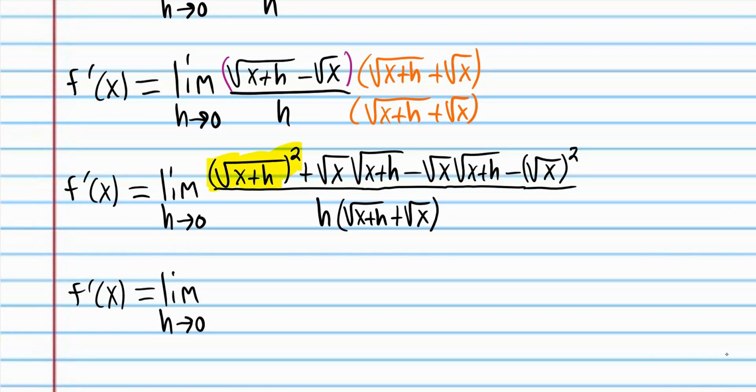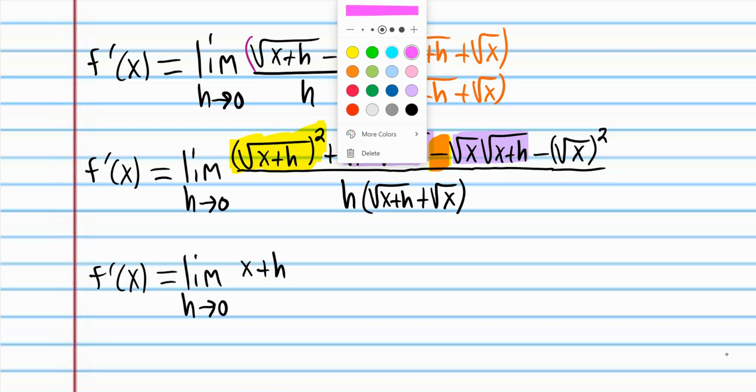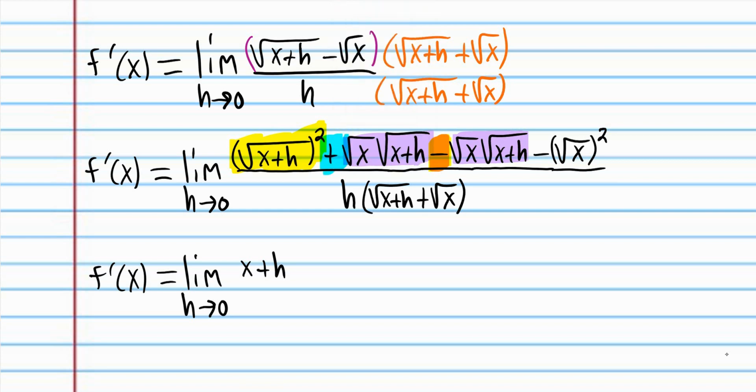So now the square root of x plus h squared is just x plus h, because squaring is the opposite of square rooting, right? Well, these terms, notice that those terms are exactly the same. This term and this term are exactly the same, except one has an orange negative symbol, and the other one has a blue positive symbol, so they just cancel out.